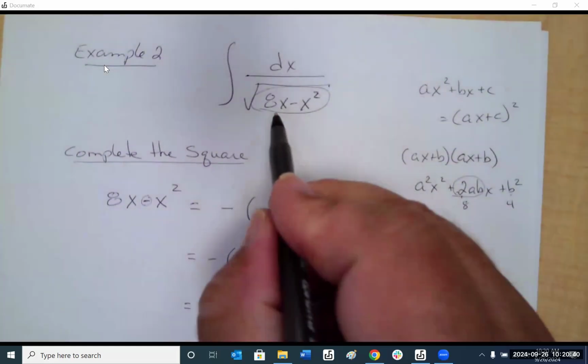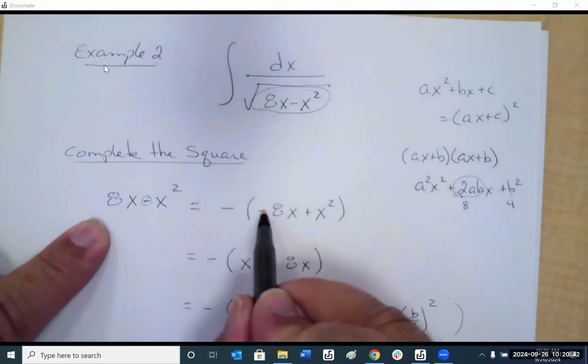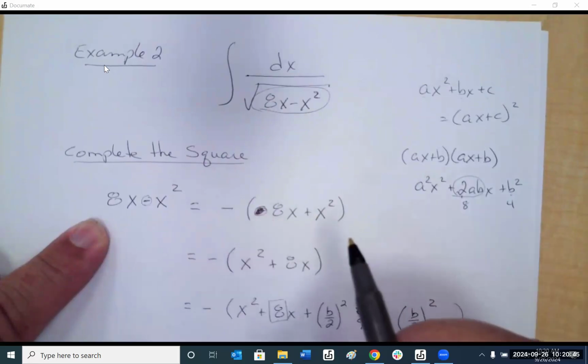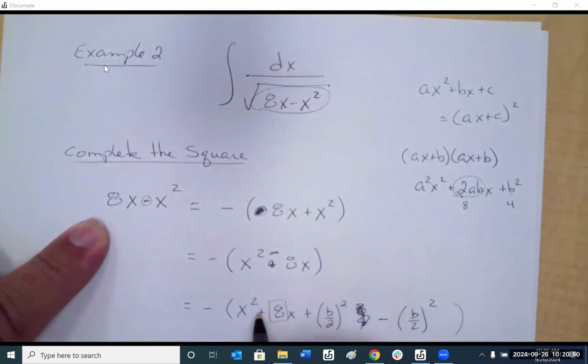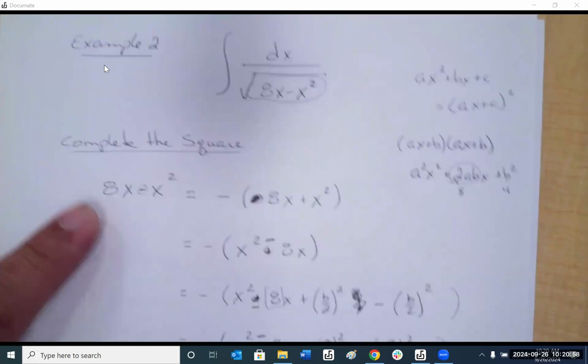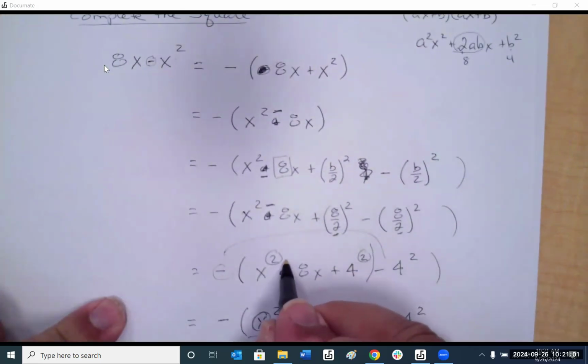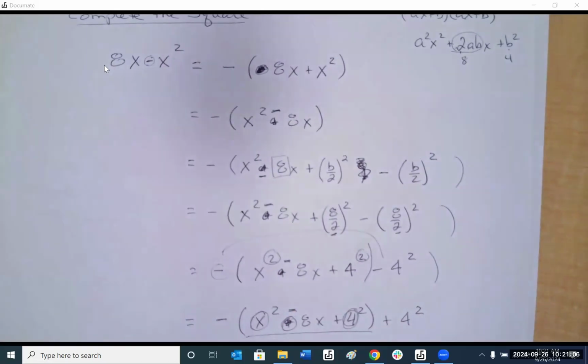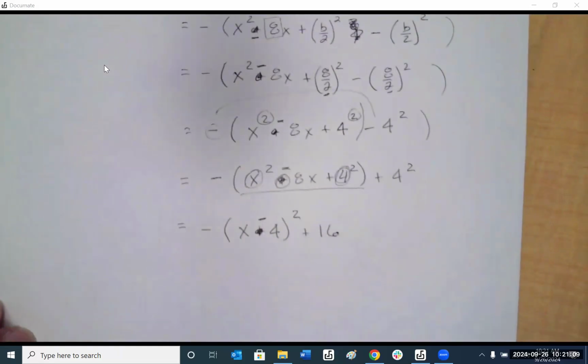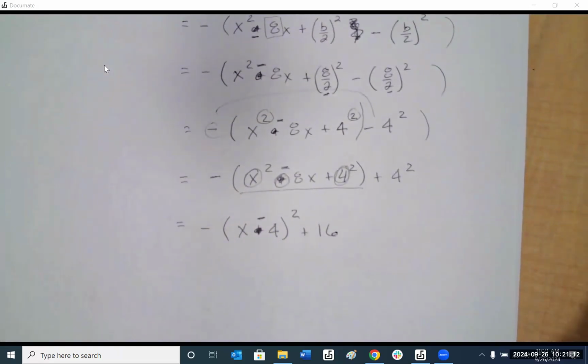Oh, here's the original equation. I somehow put a negative there. So that's got to be negative, that's got to be negative, that's plus, that's negative. So it's x minus 4 plus 16. I don't know where I got the negative in front of the 8. I'm sorry.